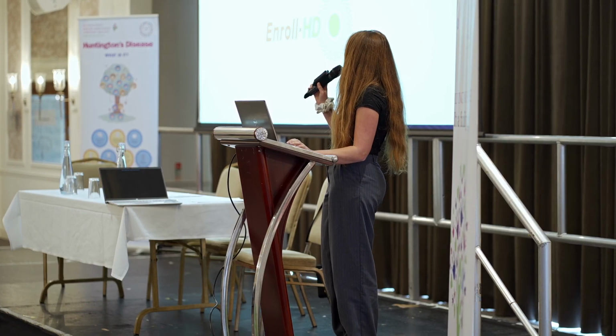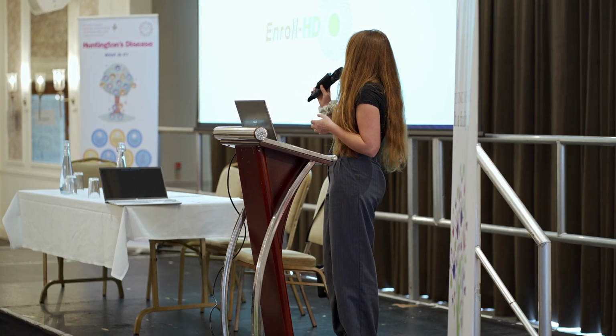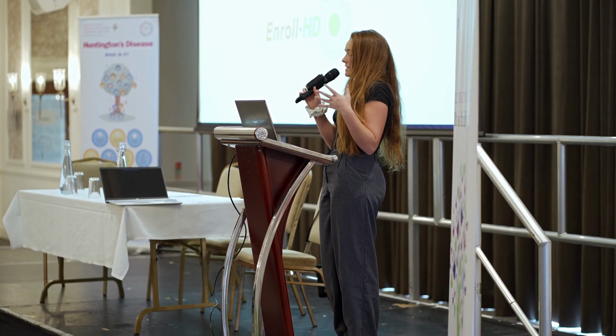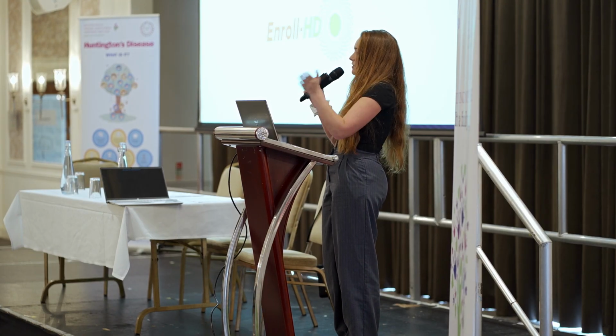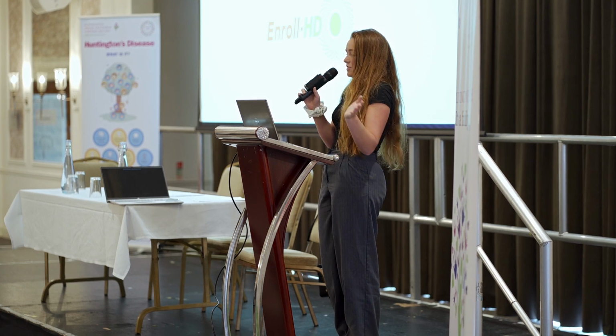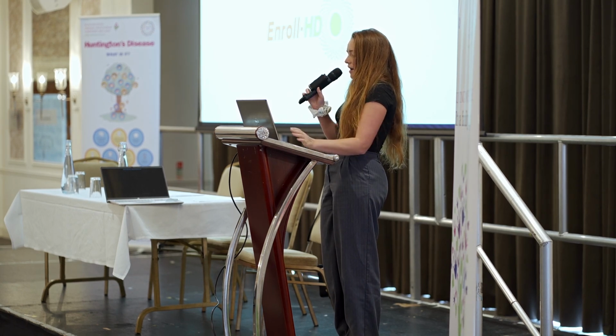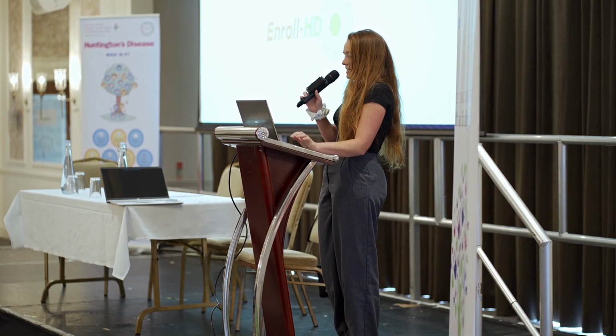As Sorka explained before, these are really helpful for research. They're basically long-term studies of people to see how disease progresses, or how in non-disease populations different features progress, so that we can really understand the disease.